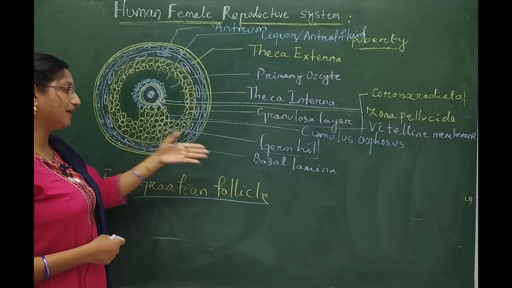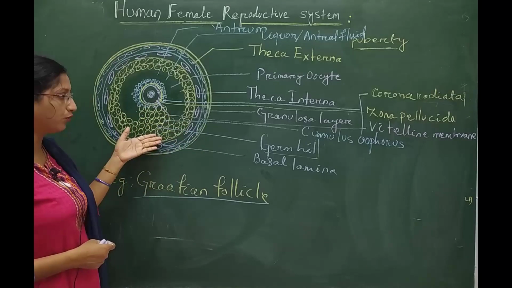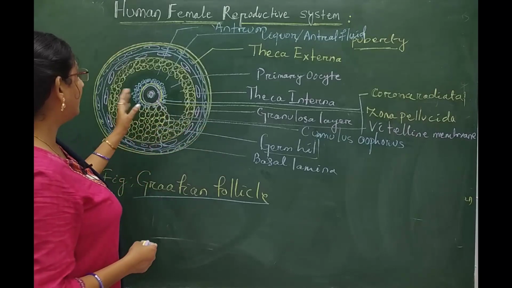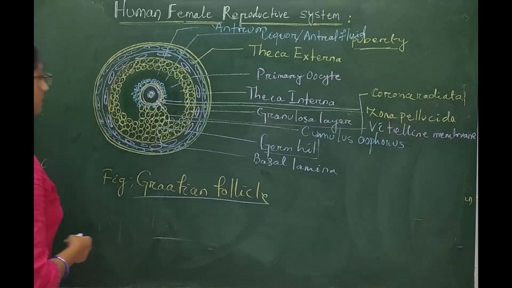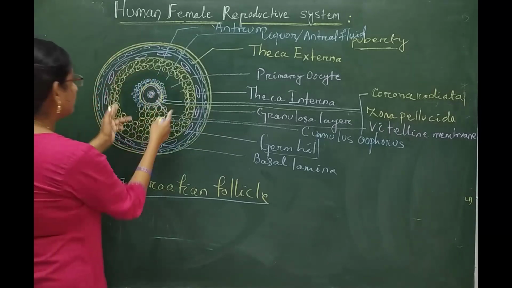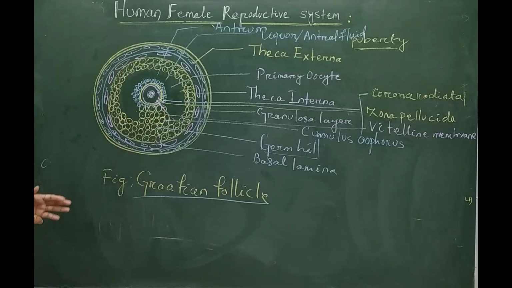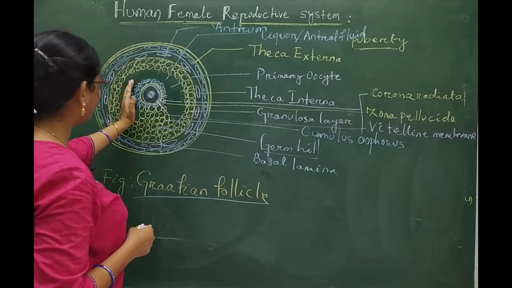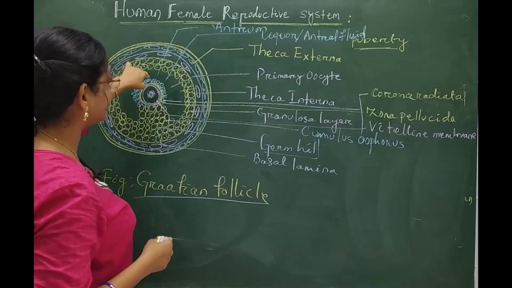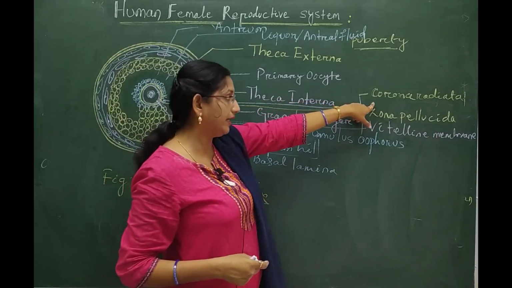The base of the cumulus oophorus is called the germ hill, and the primary oocyte is able to prepare its outer and inner layers. If we are talking about the primary oocyte, it has an outer covering called the corona radiata.